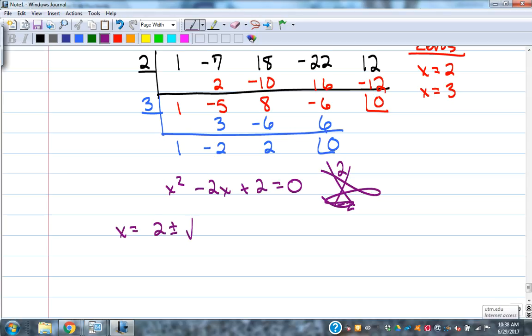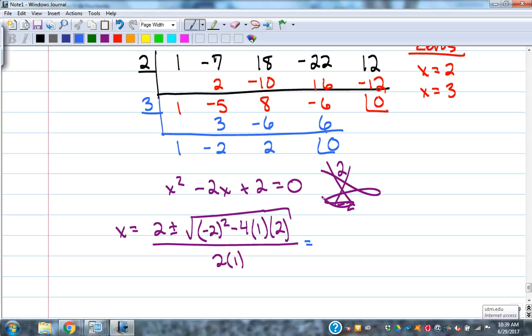Negative b plus or minus the square root of b squared minus 4a times c, divided by 2a. And I'm going to do the discriminant part over here. It'll be 4 minus 8. It's negative 4. That's what we kind of thought was happening.